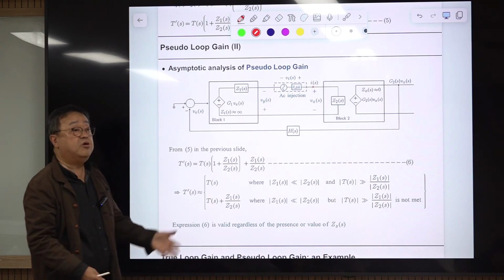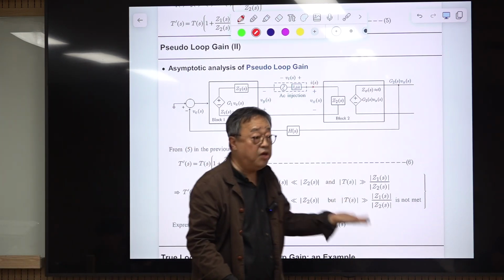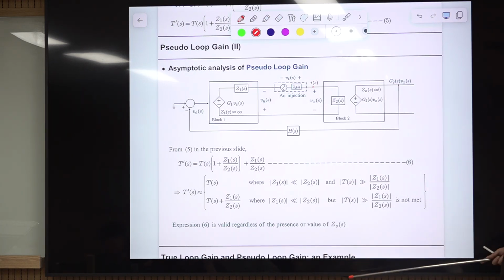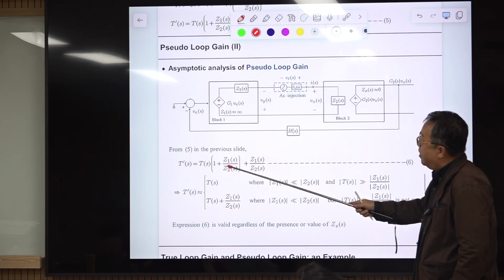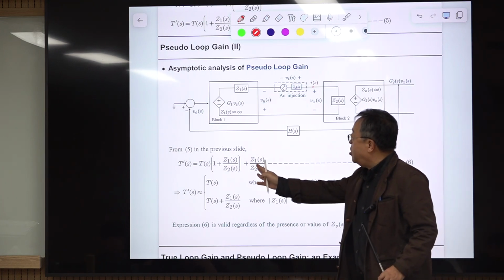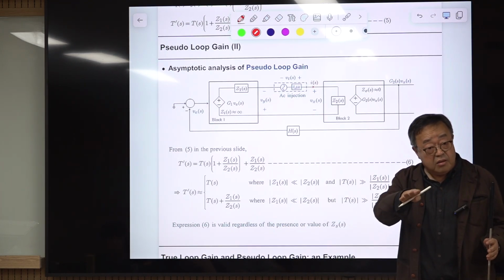So there is always a chance of false measurement at high frequency, but it may occur only at very high frequencies when the ratio between G1 and G2 is very small. If this one is very small and this one is very large, then that won't happen.